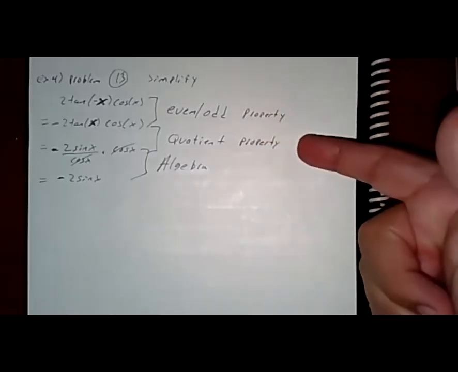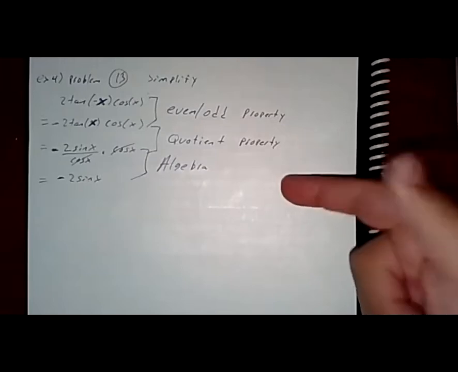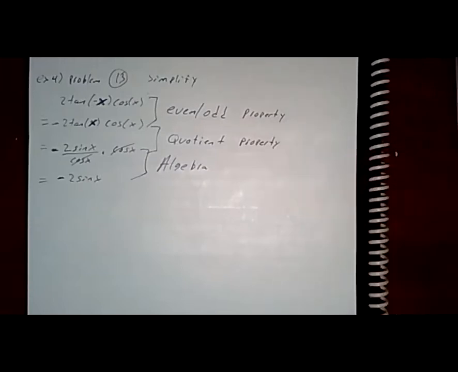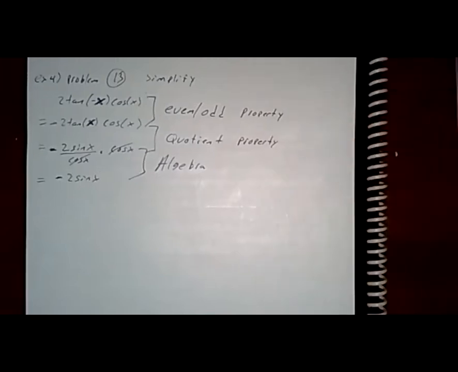Step 2, quotient. And then cancellation, algebra. Any questions on what we did here? I don't expect you to memorize every single property, but I expect you to be able to use them and understand them. I feel like that's reasonable.